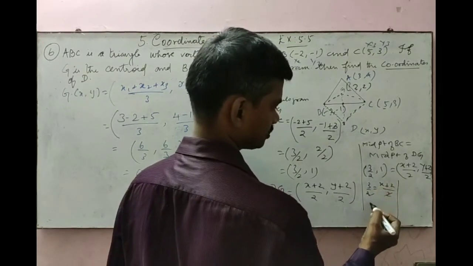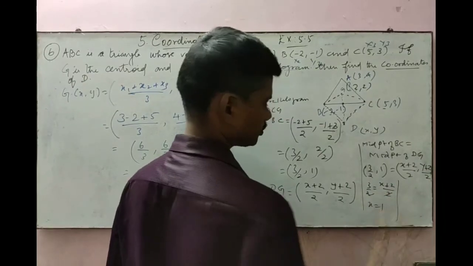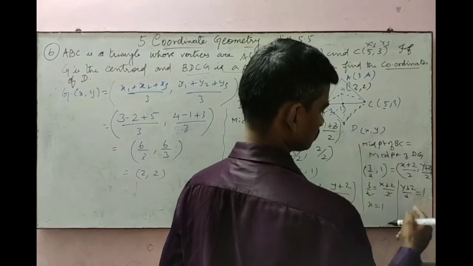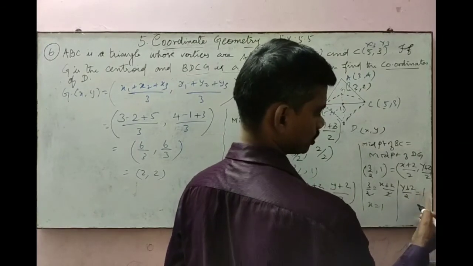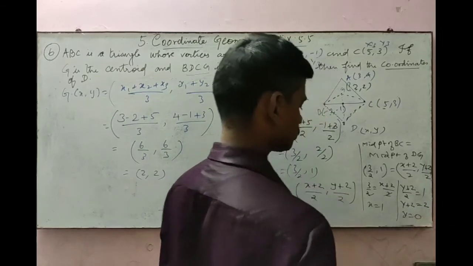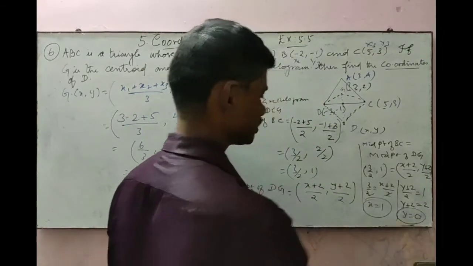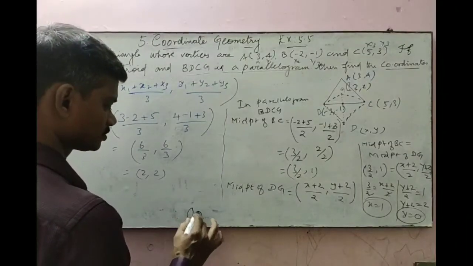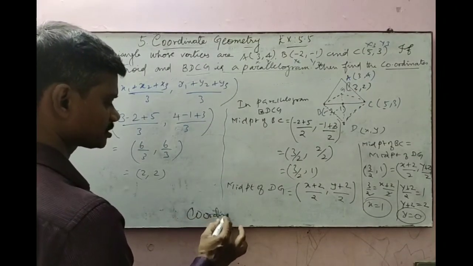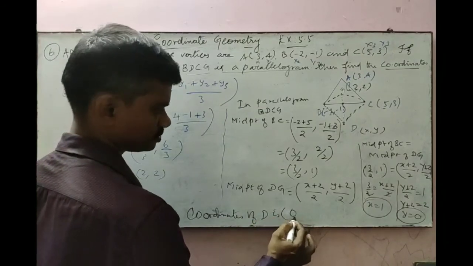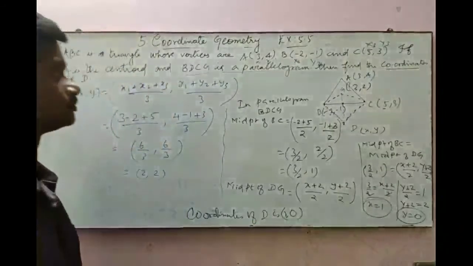If you subtract here, 3 minus 2 gives 1. Like that, y plus 2 by 2 equal to 1. You cross multiply this 2 with 1, you will get 2. y plus 2 equal to 2, y equal to 0. So x is equal to 1 and y equal to 0 is the coordinates of D. Therefore, the coordinates of D is 1, 0.